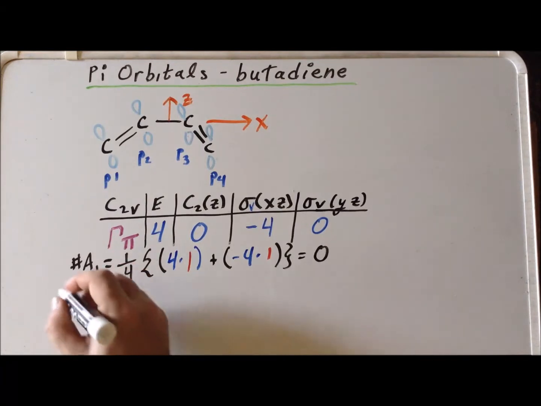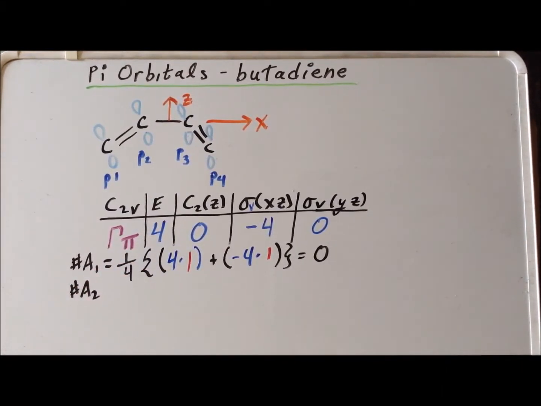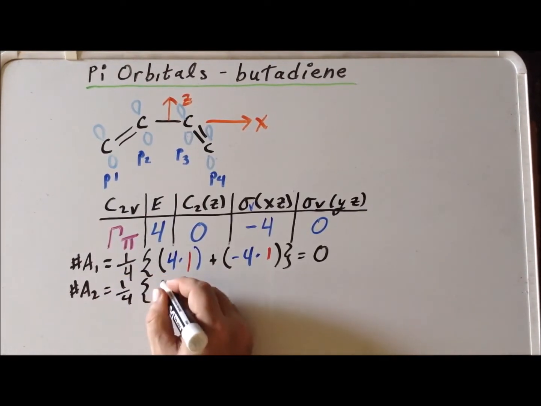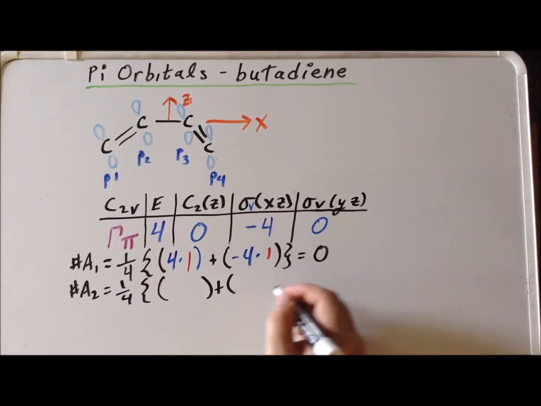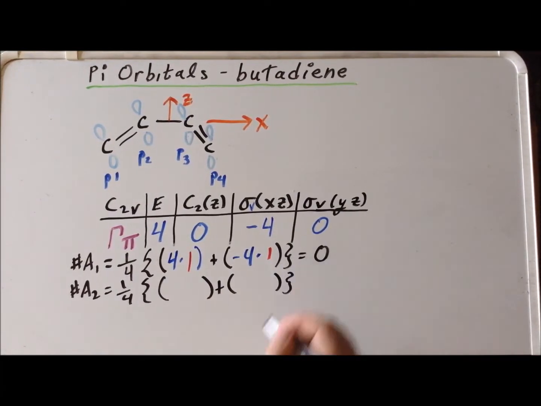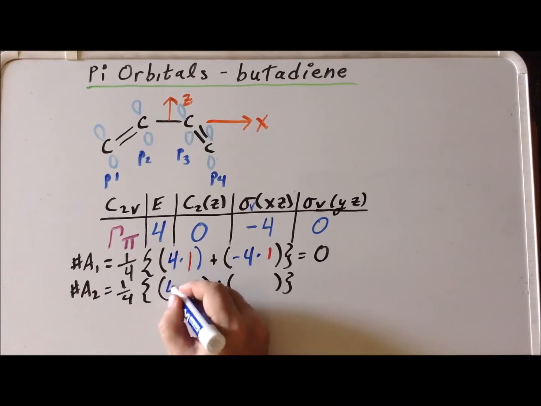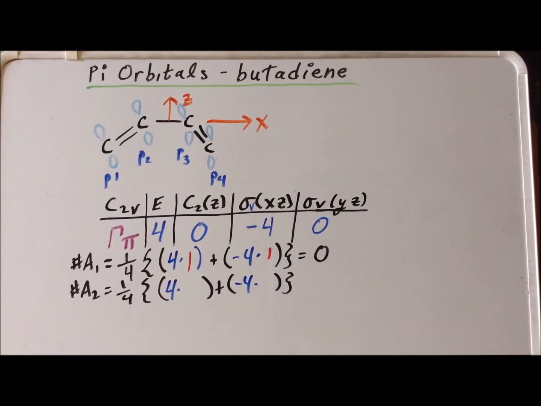And now we move on to the second irreducible representation, which is called A2. Again, we have our 1 divided by 4. We can save labor by writing down parts of the calculation which will not change. For every single step, the characters from the reducible representation will not change. So we have the 4 and the minus 4, which we write down, and we've color-coded in blue to remind us where those came from.